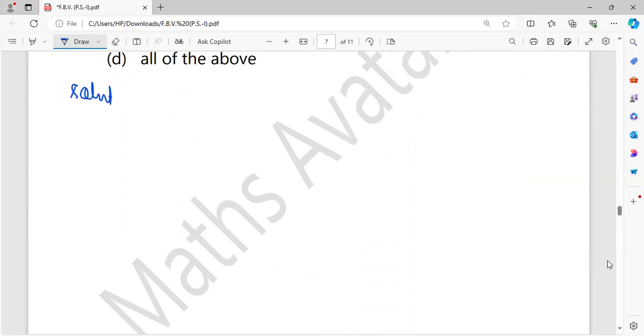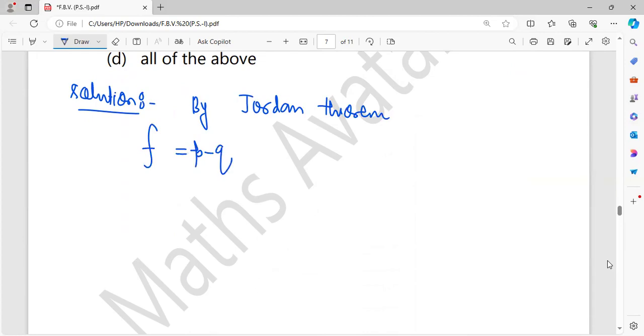Solution. We know that by Jordan theorem, f can be written as p minus q, where p is equal to 1 upon 2 (Vf plus f), q is equal to 1 by 2 (Vf minus f).